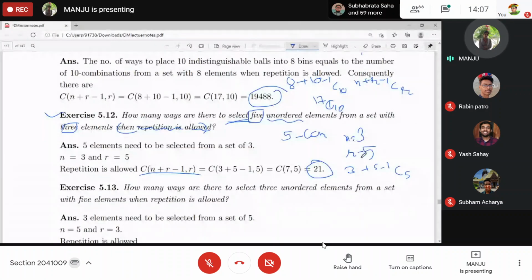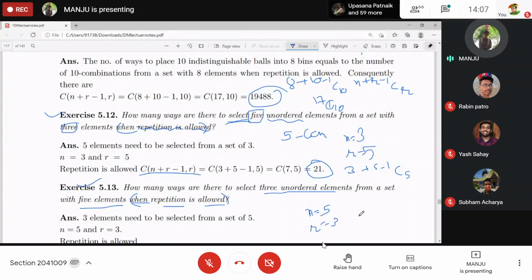Now if I replace r with 3 and n with 5, how many ways are there to select 3 unordered elements from a set with 5 elements? If it is not written, then repetition is not allowed, and that is 5 C 3. But when repetition is allowed, n is equal to 5, the total number of elements, and you want to select 3.